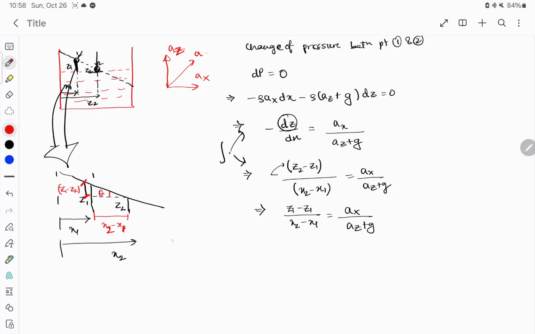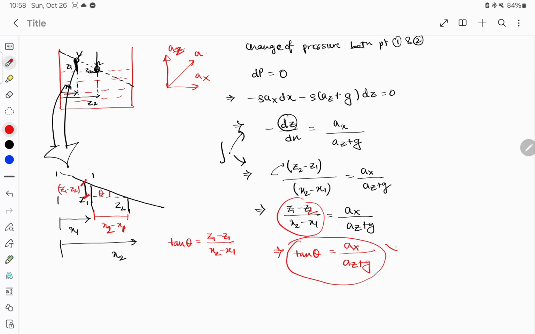If this is theta, then tan of theta is equal to z1 minus z2 divided by x2 minus x1. So in place of z1 minus z2 divided by x2 minus x1, you can easily write tan of theta equals ax by az plus g. This is what is typically asked in the question. If this is theta, this is also theta. In questions you are generally asked to calculate tan theta.